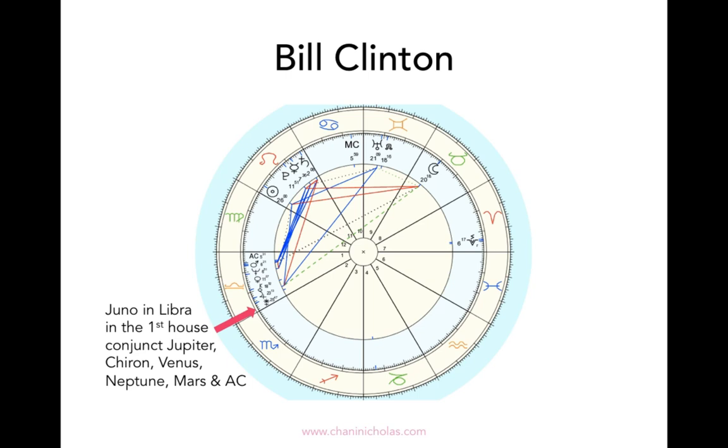But certainly there has been the archetype of that Juno-Jupiter relationship lived out through his personality. He was the big, everybody-loves-Bill guy, doing all sorts of things that he got away with because of the society we live in.